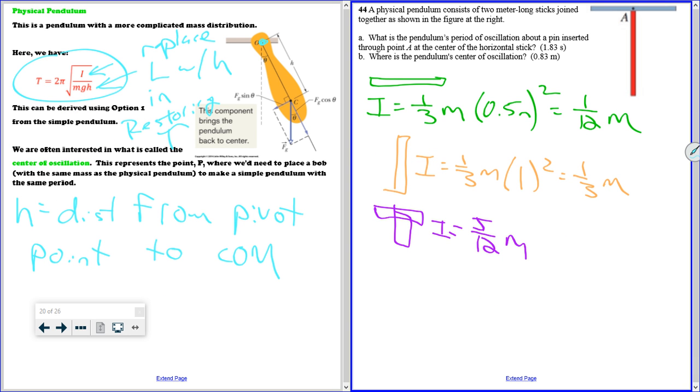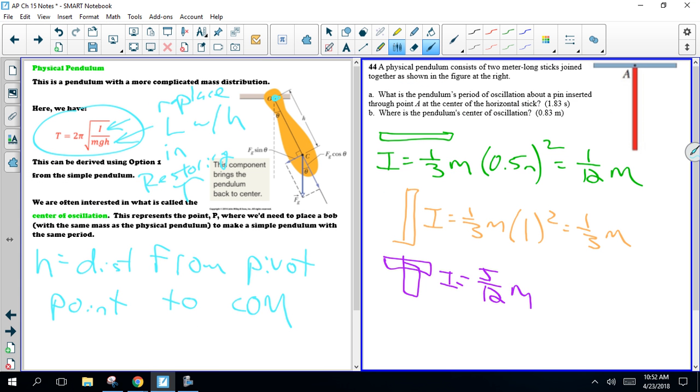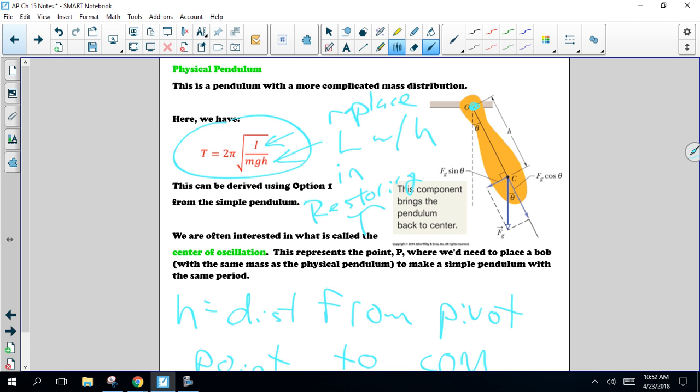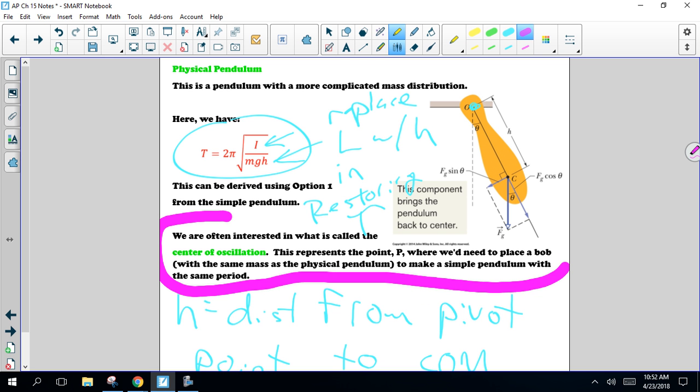So if you go back to this page, right here, it defines what's called the center of oscillation.